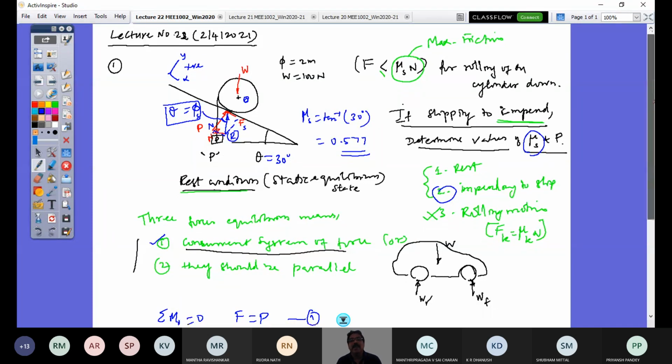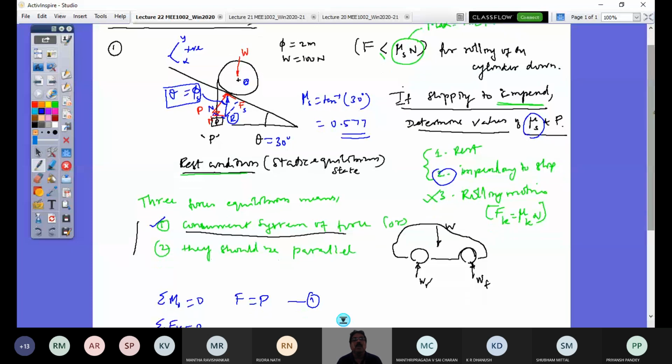Now I can write this equation, sigma Fy equal to 0. So what is that I will have? Here this angle is going to be theta. So I would have here W cos theta. I have here P. This is tangential again here. So if this is tangential, what is this angle? If I draw from here a tangent at this contact point, this angle also is 30 degrees.